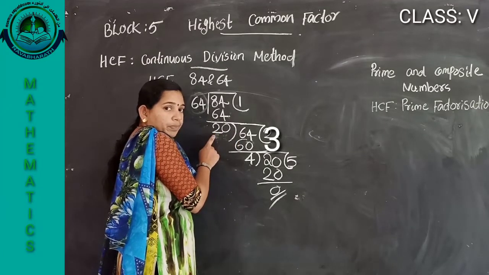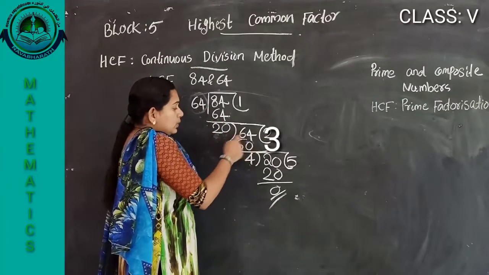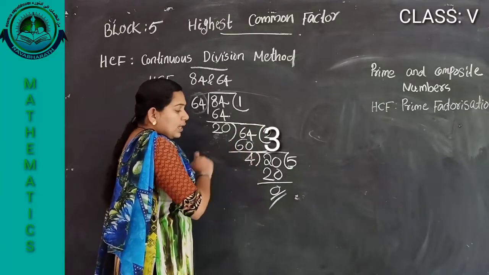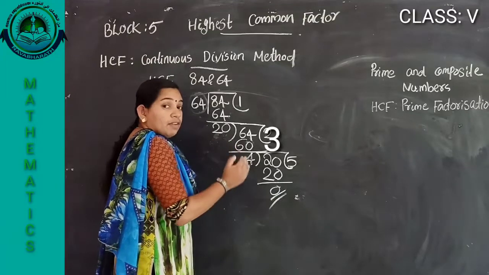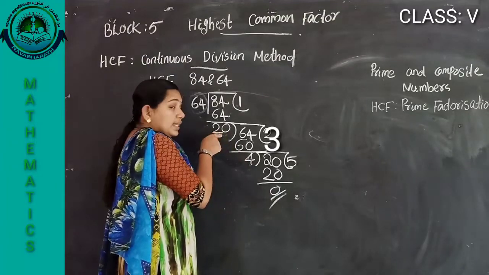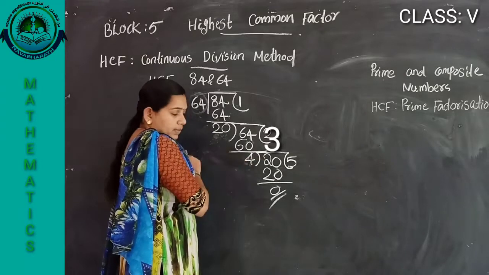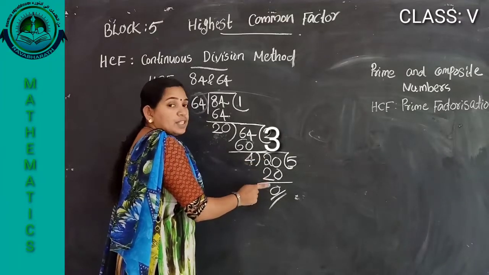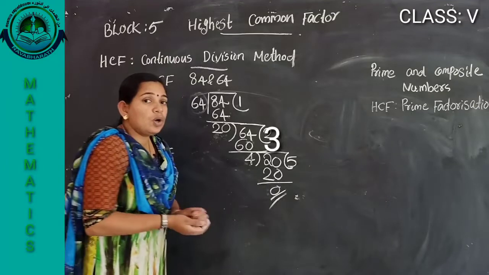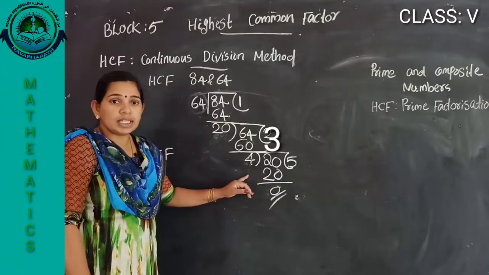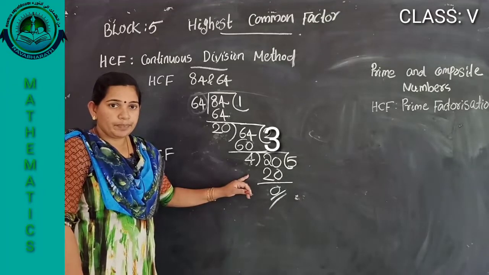Got it? Same way we divide, and we get 4 as the remainder. Then again we divide this divisor by this remainder. In this case we get remainder 0. So the HCF is the last divisor. Got it?